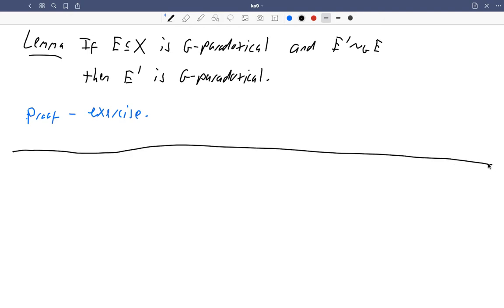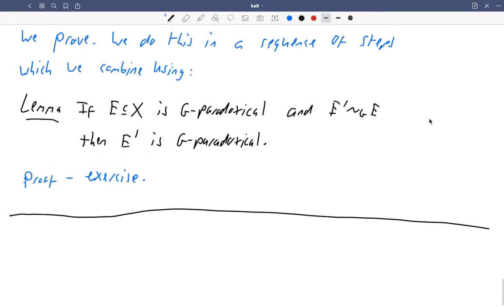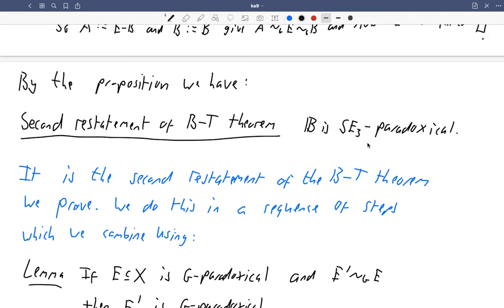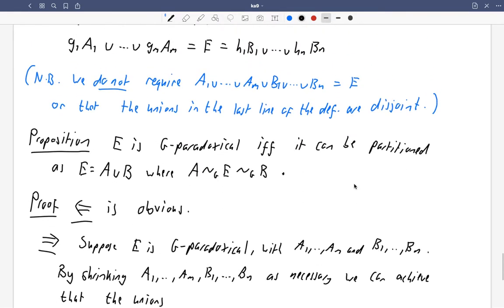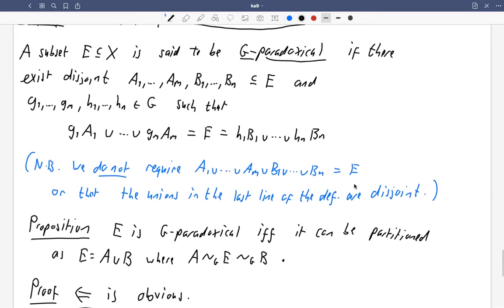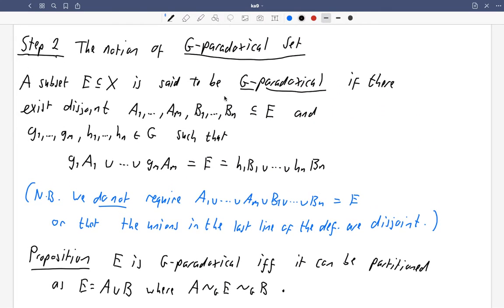But beforehand, let me just comment a little bit on the notion of G-paradoxicality, because of course this is now crucial. This is what we're going to show. The reason for identifying this notion is it contains the essential elements that we can take our set E, find a partition of some parts of it and another partition of another part of it, and reassemble those to get E back.